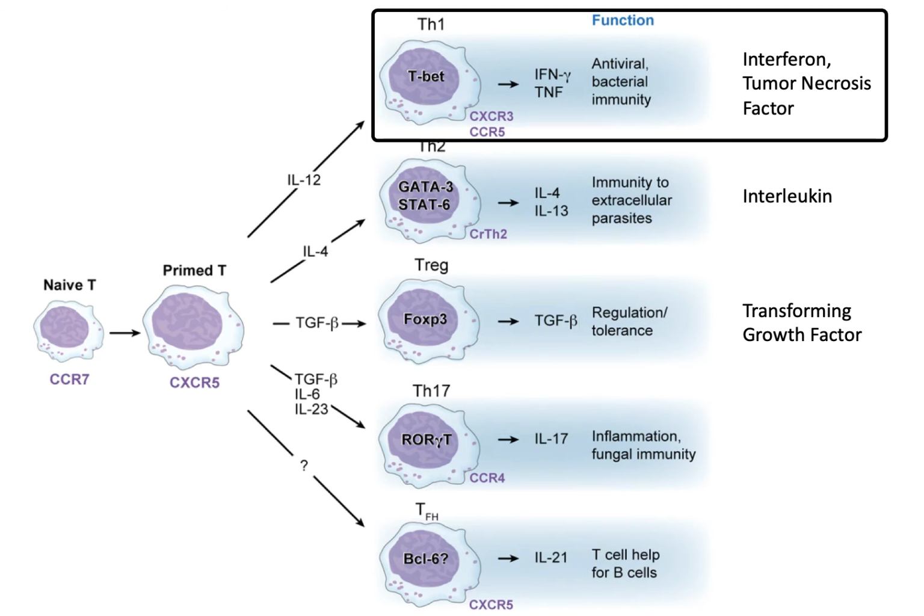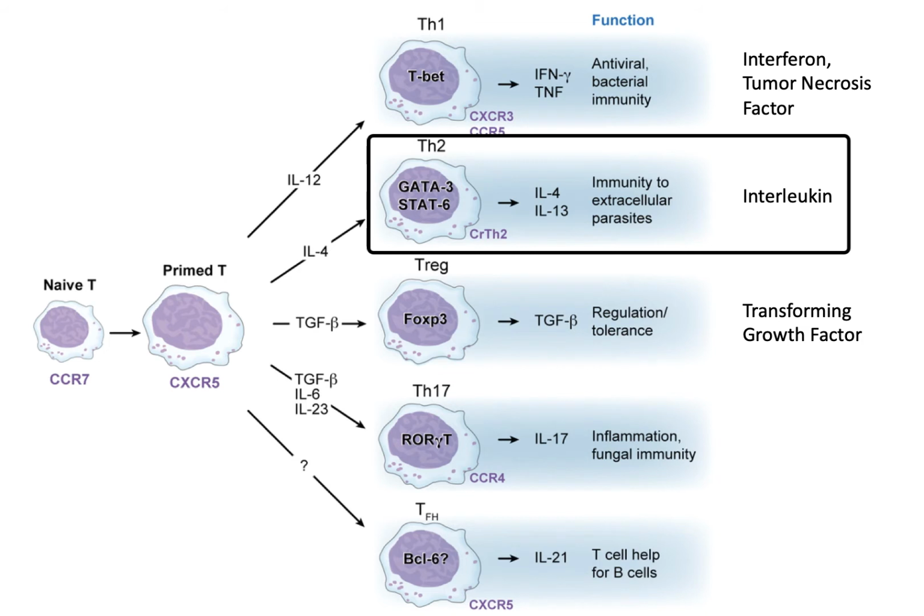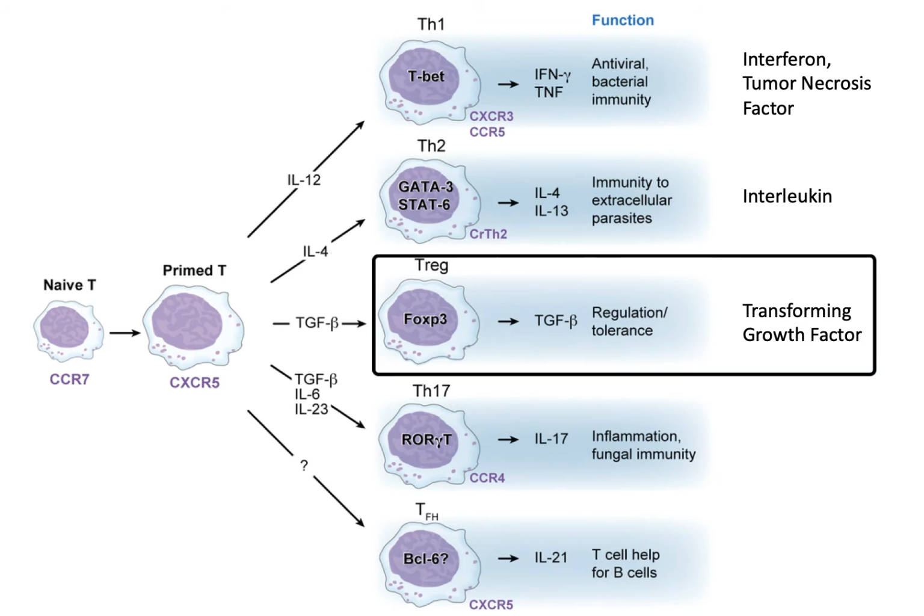And so these ones here will turn on interferon, tumor necrosis factor, etc., and they're primarily antiviral and antibacterial. These ones mainly interleukin, and these turn on immunity to extracellular parasites. And then transforming growth factor will regulate the immune system somewhat, so it will tolerate at least some cell types, and it will also cause some cells to proliferate.